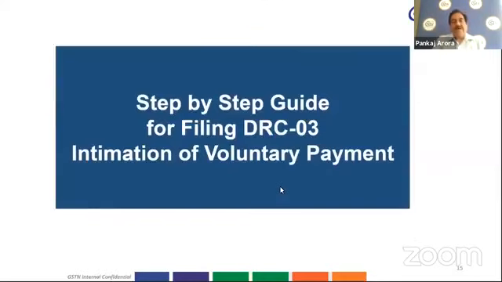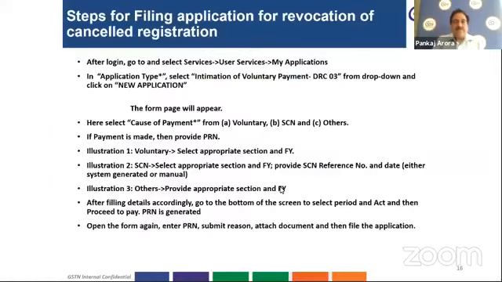So now I will describe the step-by-step guide on how to file DRC 03 at the GST portal. We can fill the DRC 03 form in two parts. In the first part, we declare whatever payment we have to make as the voluntary payment or against any show cause notice.